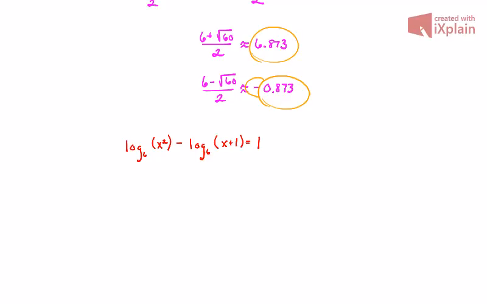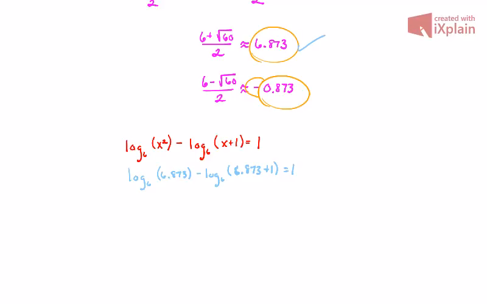If I check, say, this one, the log base 6 of 6.873 squared minus the log base 6 of 6.873 plus 1 is equal to 1. I don't have to actually go through the full check.